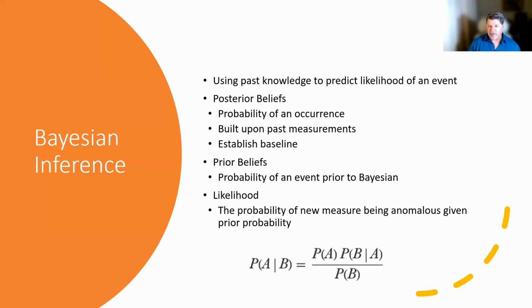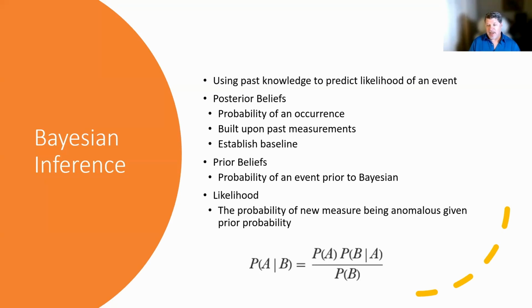And the likelihood, of course, is what we would expect for this value. Just logically, you would expect that your coin flip would give you 50-50. You have measurements that give you what you really detected in the past, and you have your theoretical likelihood of this occurring, which is one half.